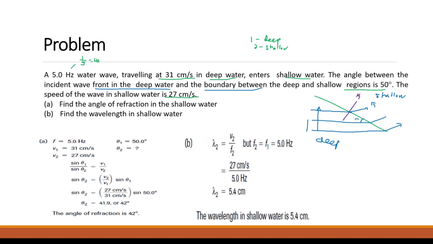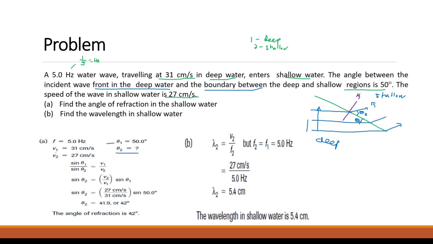So that is our theta 1, and our theta 2, we want the angle of refraction, and that is here. If theta 1 is there, theta 2 is right there. So we want theta 2.